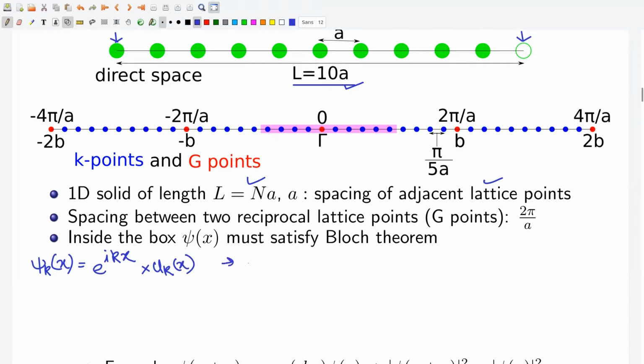That means u k of x plus capital X is equal to u k of x, where X is a lattice translation vector.